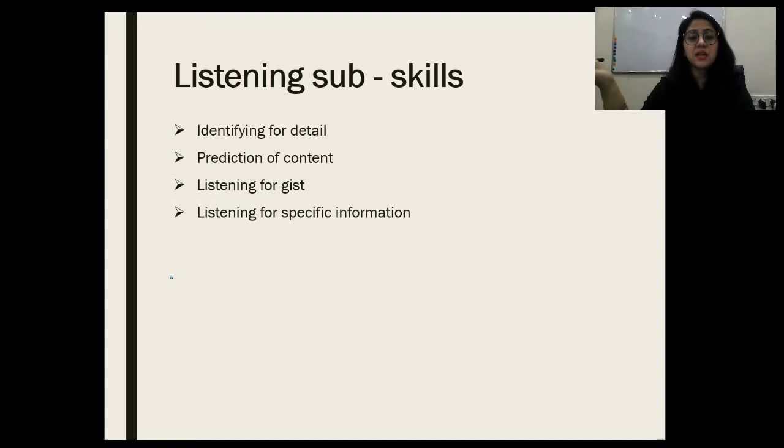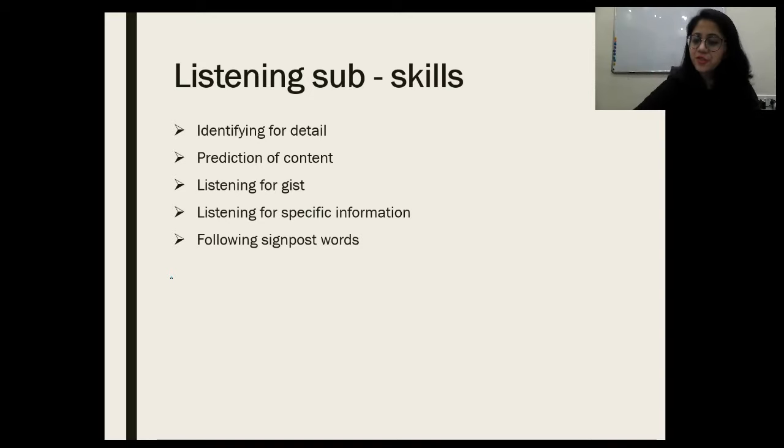Listening for detail or listening for specific information. Following signposting words. Now, this is my favorite. I have done a class on the signposting language. You cannot imagine how important it is for IELTS students to be aware of what signposting language is all about. Signposting language is important for listening, writing, and speaking very clearly, very visibly, and in the case of reading, to help you guide through paragraphs.